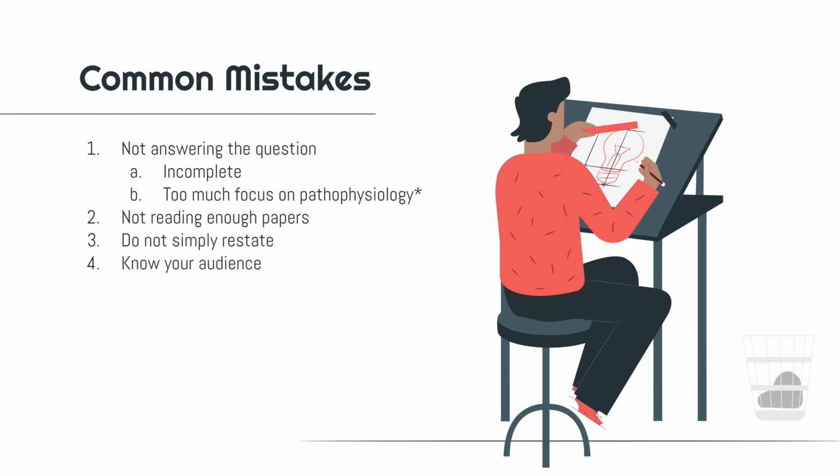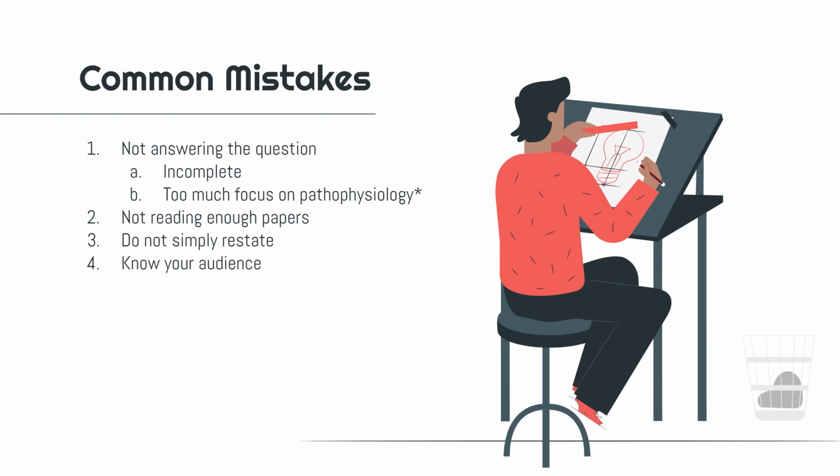But for the most part, most topics will require you to dive into the physiology and avoid the pathophysiology until the very end, instead of spending the entirety of the paper talking about it. Again, that does come with the different topics, but that is some feedback that I have heard some students get, that they focus too much on pathophysiology or too much on clinical intervention rather than focusing on the actual mechanisms of how stuff works.